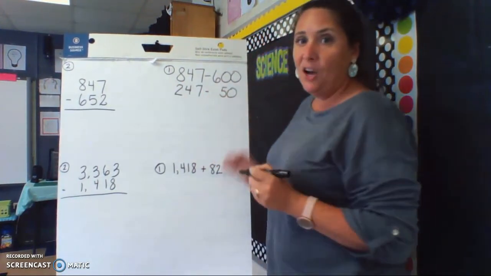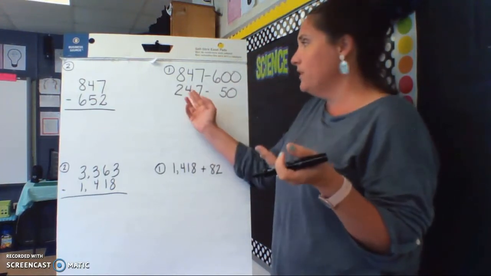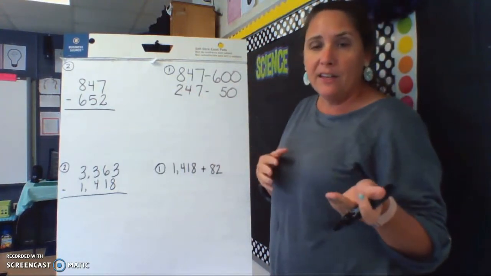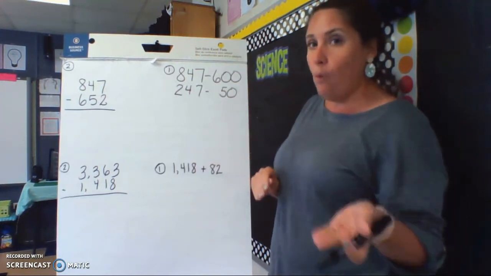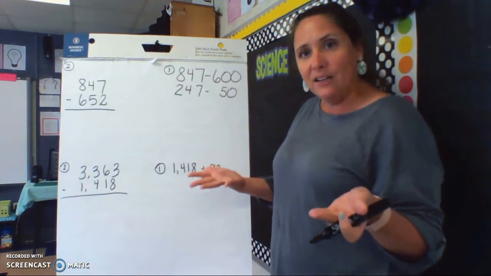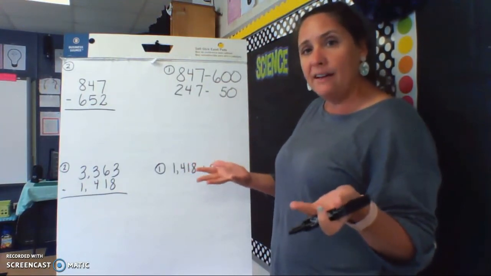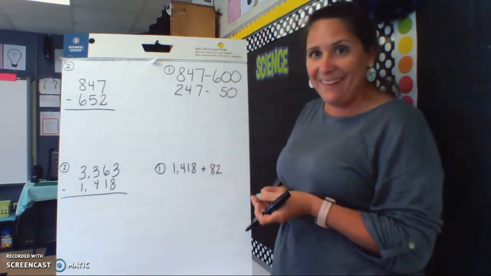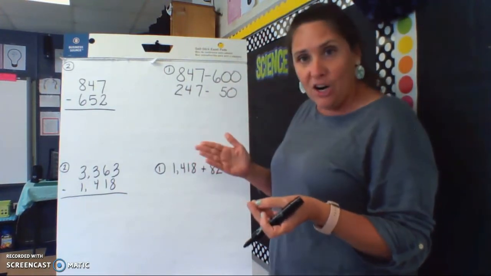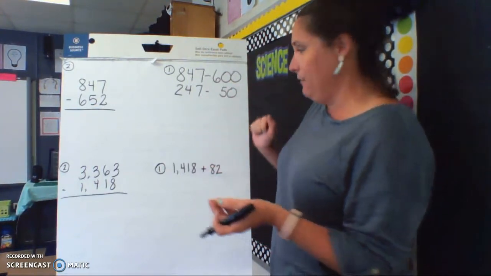Now, I can already see your brain's working like, oh my gosh, 50 is more than 40. But think about the video you just watched. You can break apart that 50 into 40 and 10, because 40 plus 10 is 50. And I can say 247 minus 40, which is 207, minus 10 more is 197.